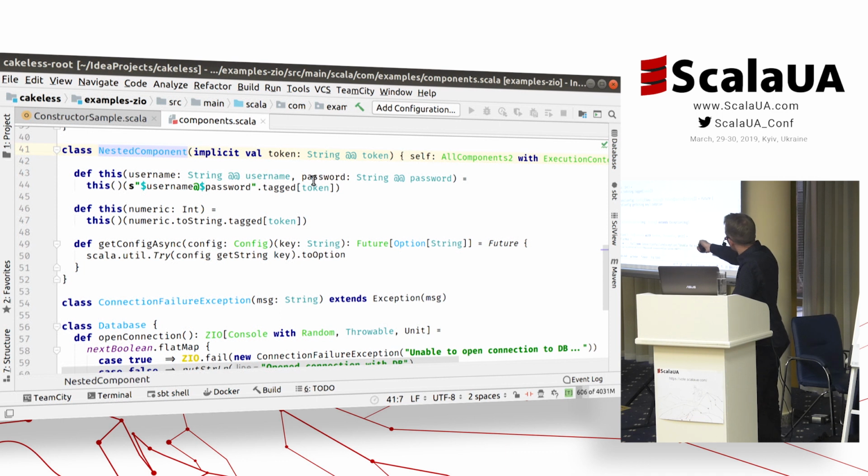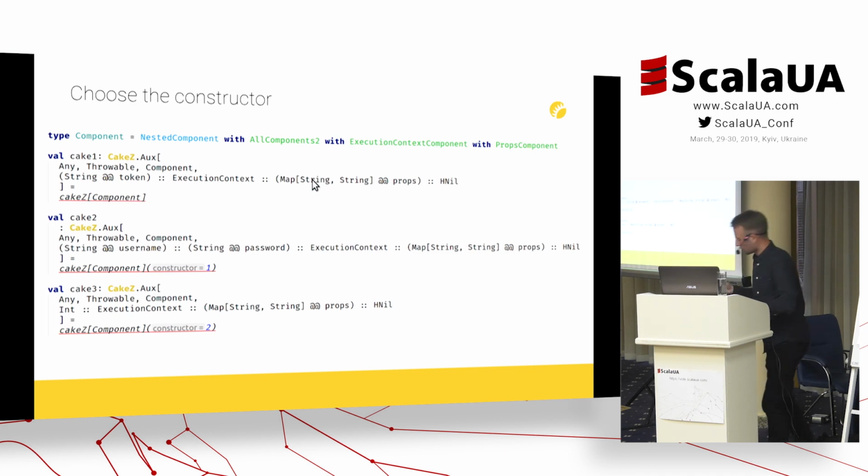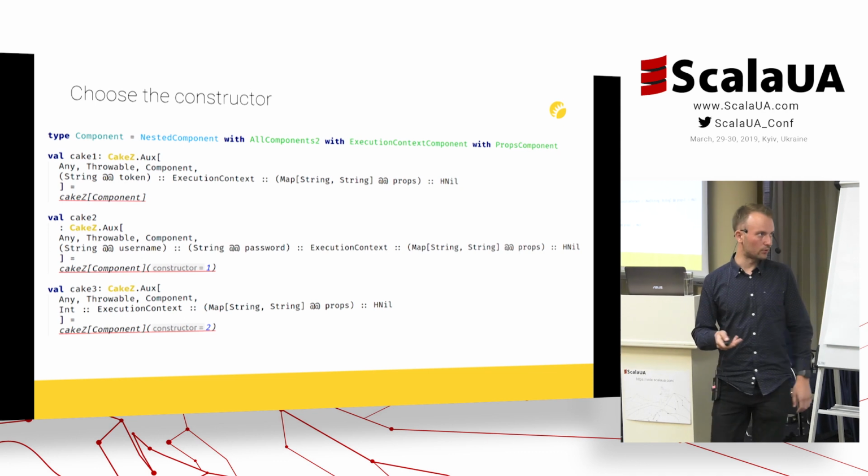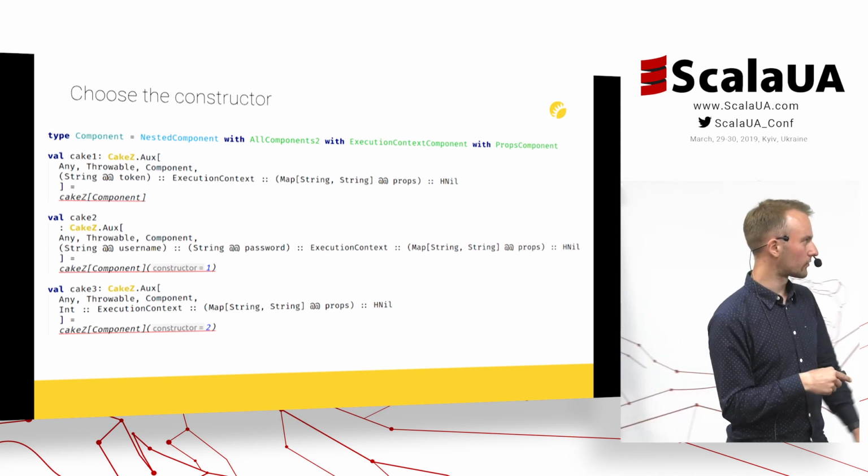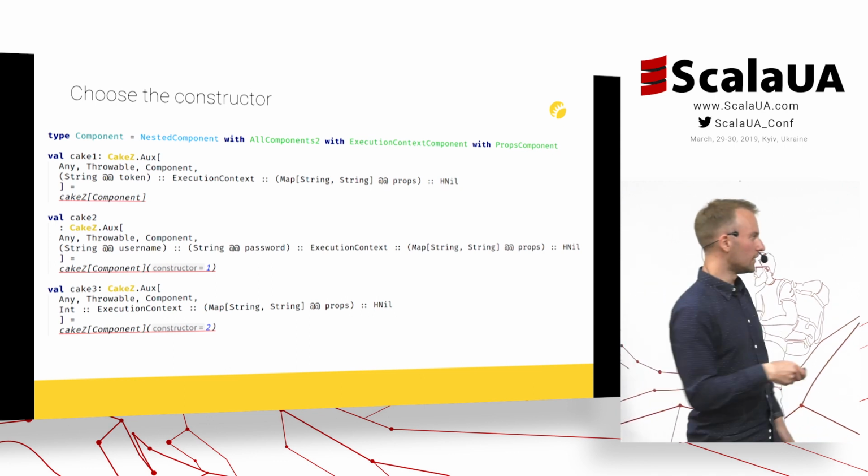So if you look at the nested component, it actually depends on some traits, and it has a constructor parameter called token. Additionally, it provides two constructors. The first one takes two strings, and the second one takes just a number. So we have three different constructors and three different dependency types. So Cakeless allows you to choose the appropriate constructor if some exist.